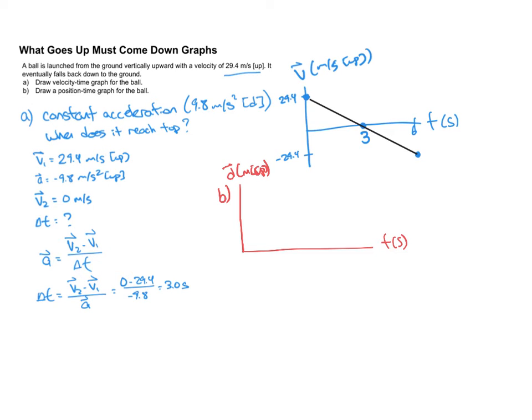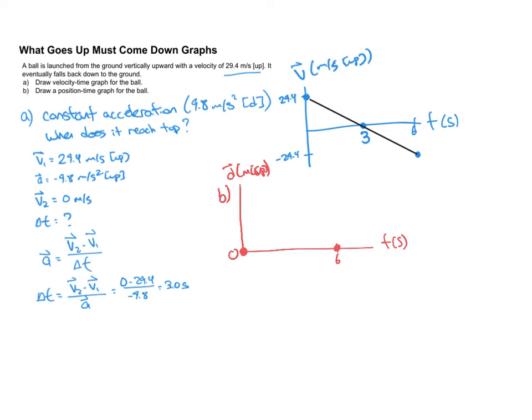So the ball is going to start on the ground, so the starting position is 0. The ball is going to end on the ground, so the ending position, which is 6 seconds later, is also on the ground.